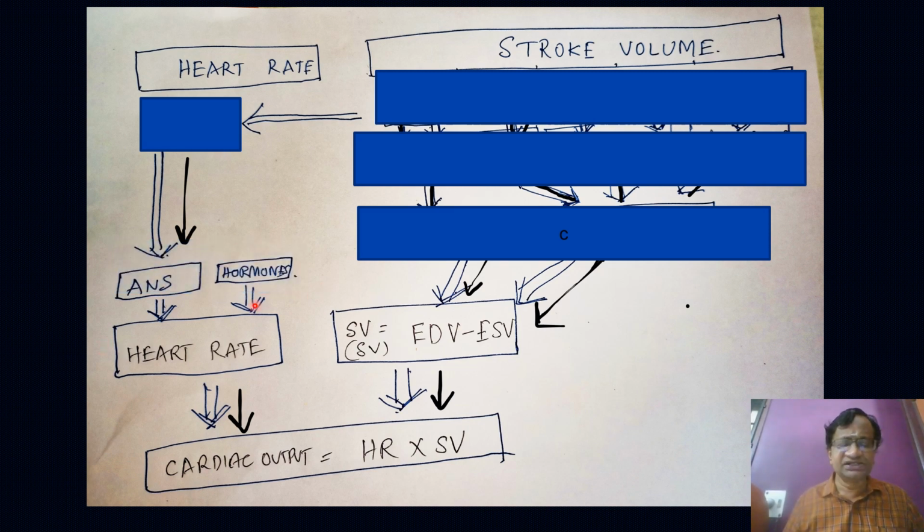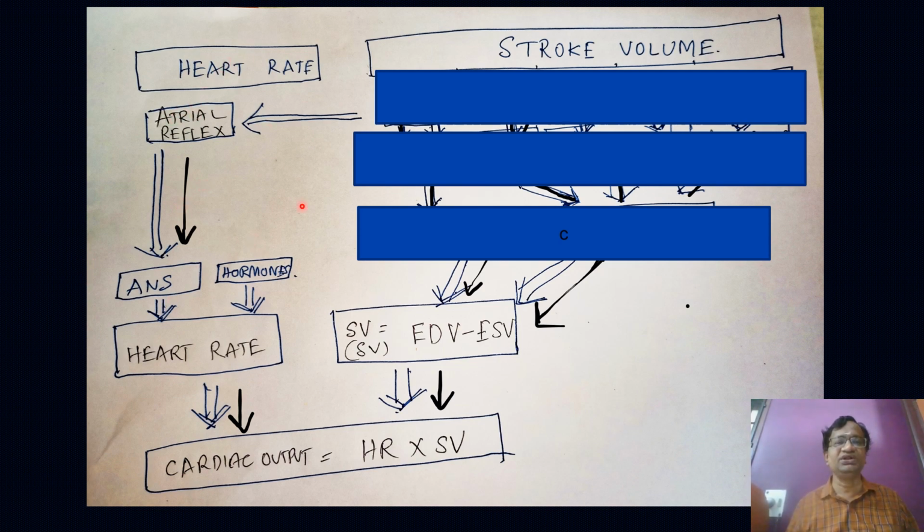Now, heart rate is controlled by two things, the autonomic nervous system and the hormones. The autonomic nervous system is divided into two parts, sympathetic and parasympathetic. We have a lot of hormones, especially catecholamines and thyroxine. We also have the atrial reflex acting on the autonomic nervous system.